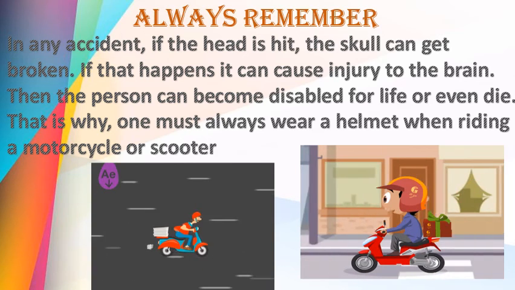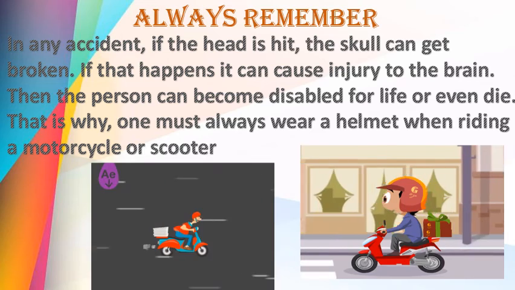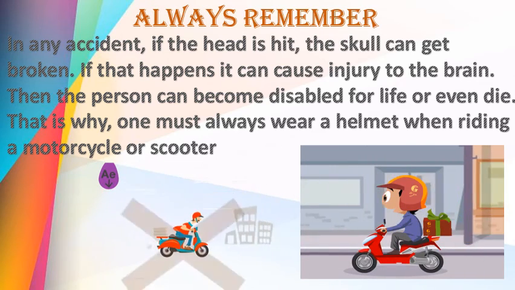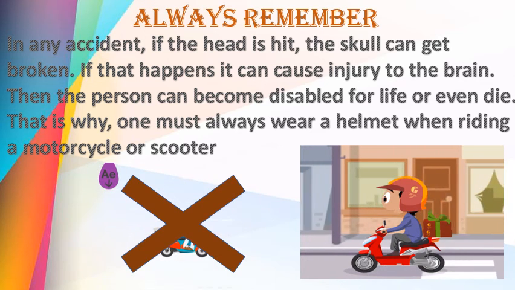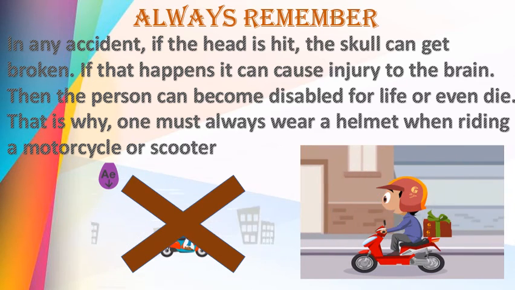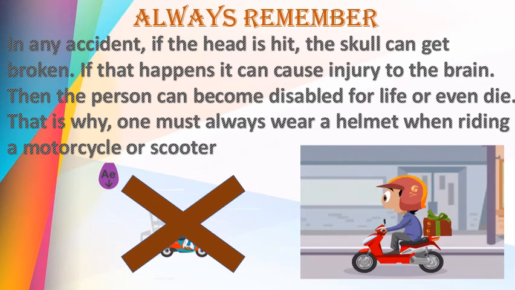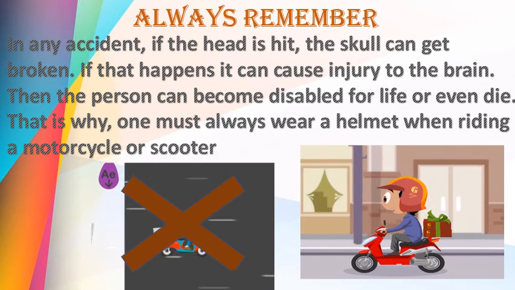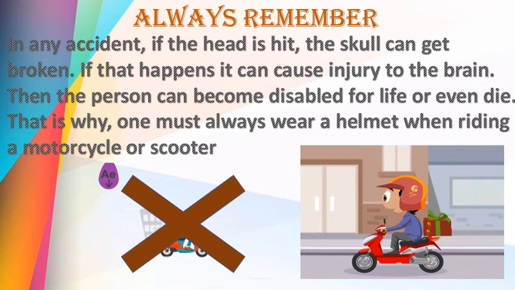You can see in the first picture, the man is riding a scooter without a helmet. So this is totally wrong. And in the second picture, we can see a man is riding a scooter with a helmet. Right? This is the right one. Isn't it, students? So always remember this thing. Okay?